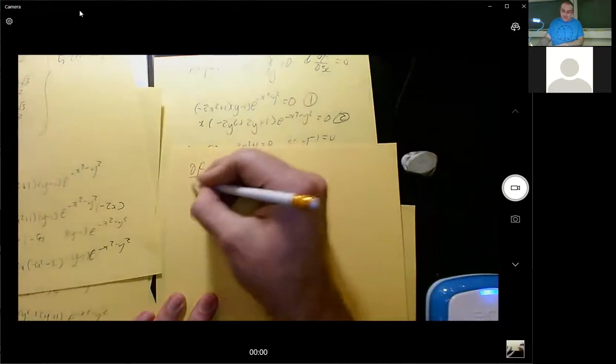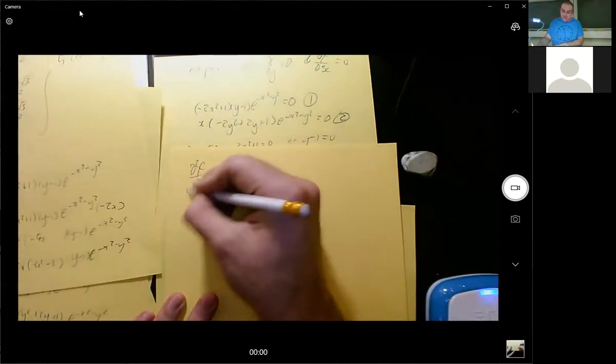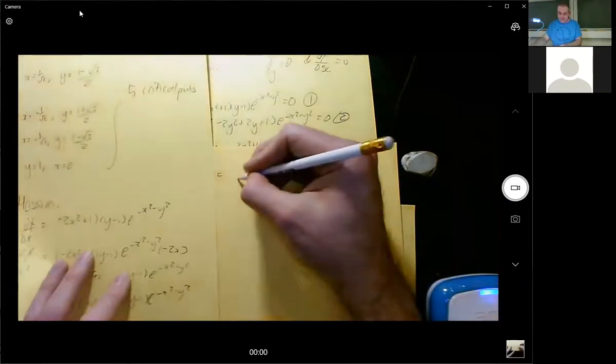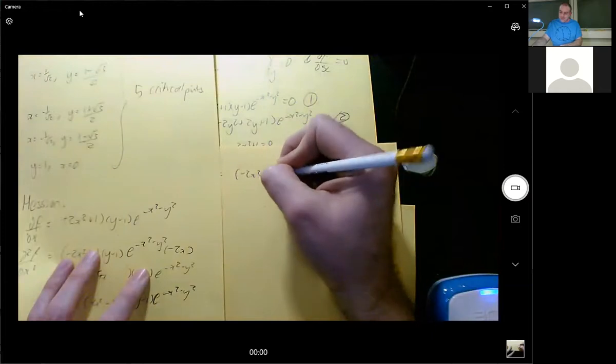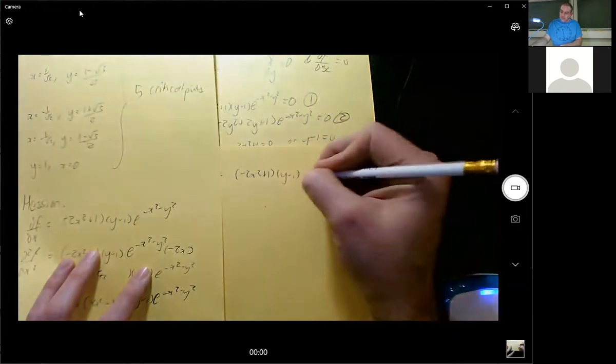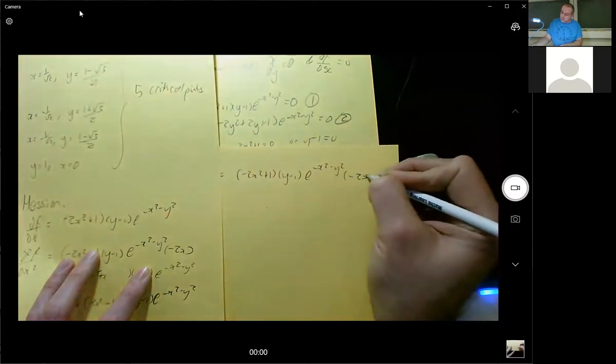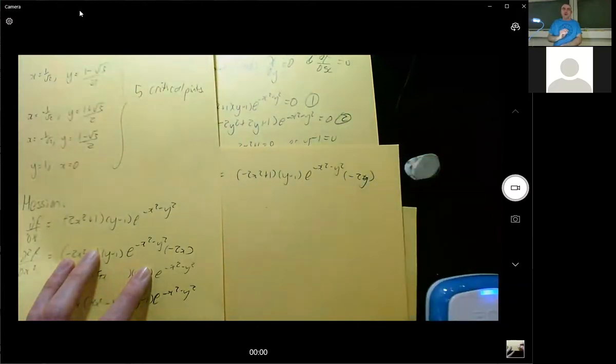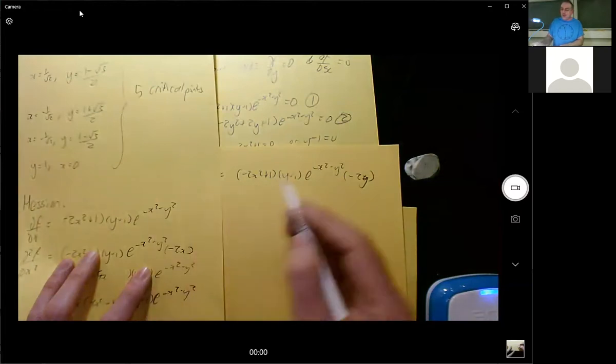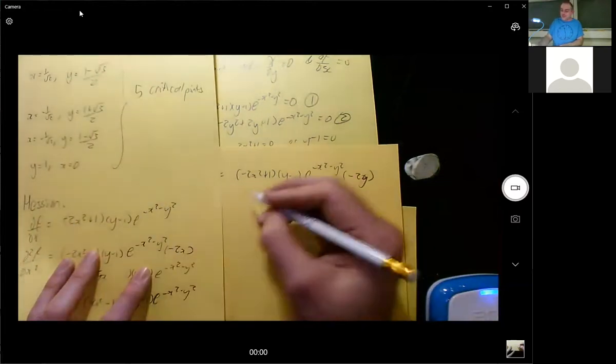And then d squared f on dx dy, I could redo this one with respect to y. Minus 2x squared plus 1, y minus 1, e to the minus x squared minus y squared times minus 2y. I'm doing with respect to y now. That was the product rule by keeping the first bit and differentiating the second bit.